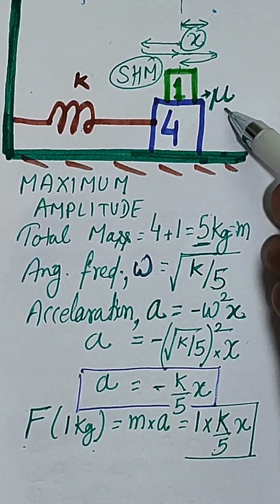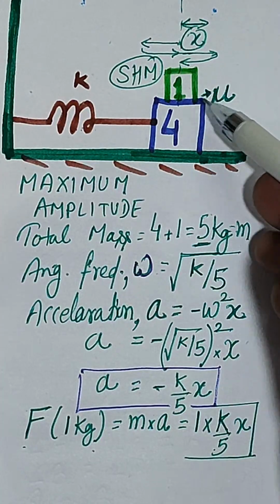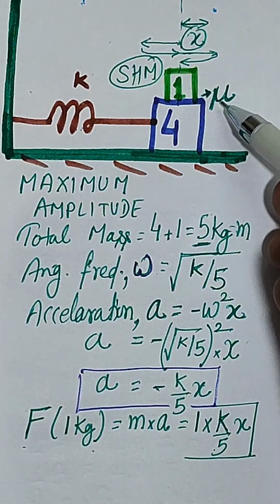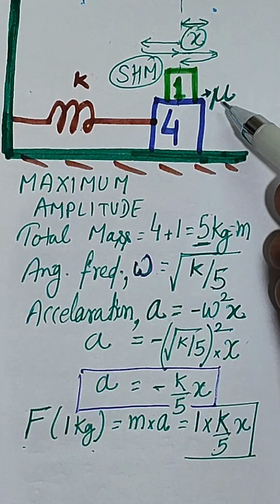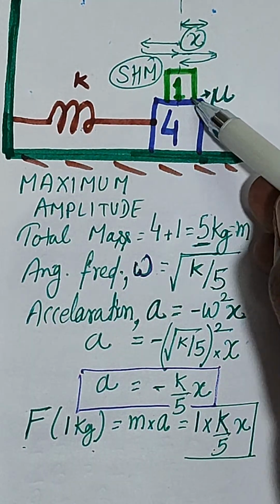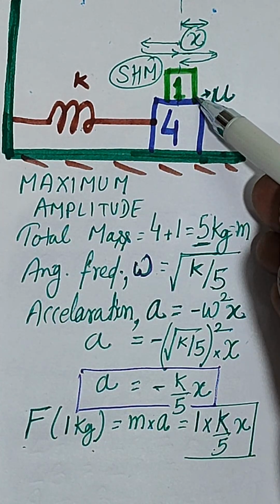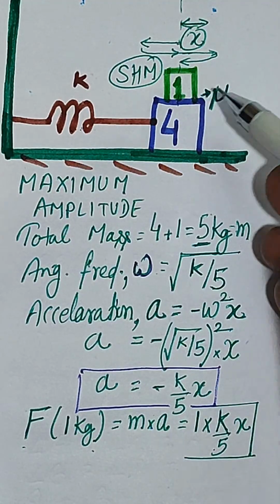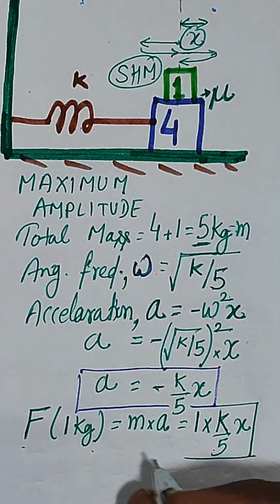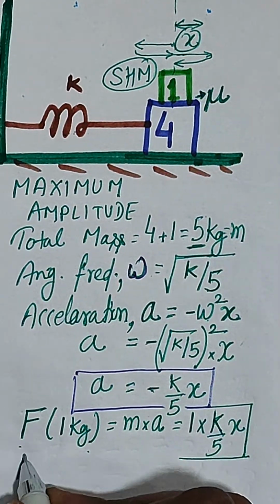The coefficient of friction between the two blocks is mu. What will be the frictional force on this block? F equal to mu times n.